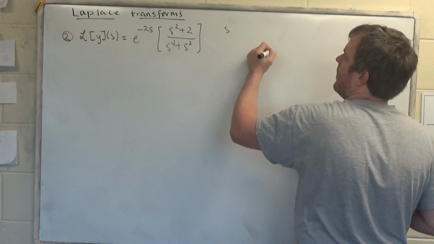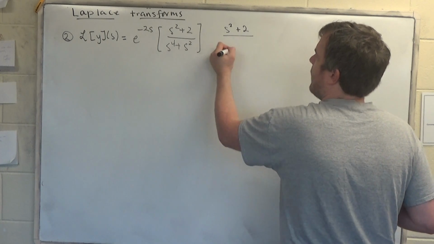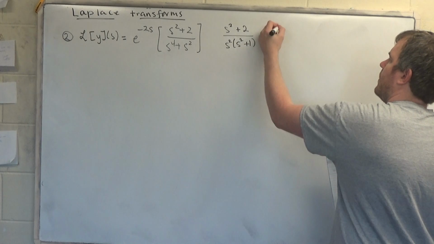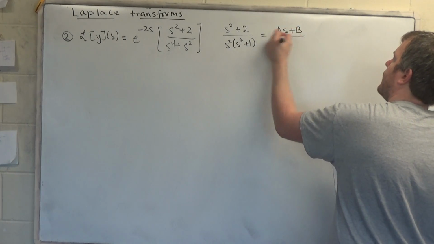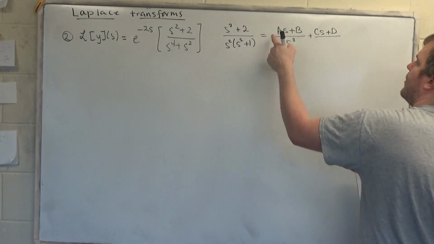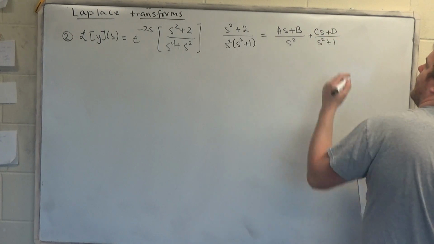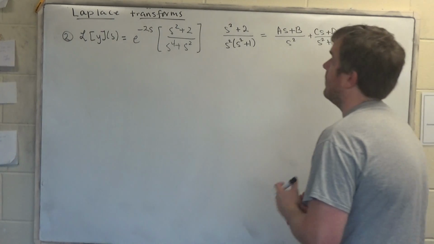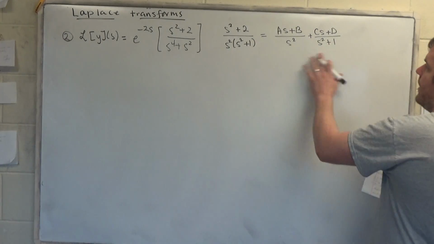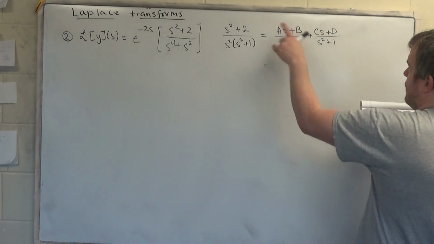So let's see. (s² + 2) over, notice that this factors as s² times (s² + 1). So when I do my partial fractions decomposition, I get a generic linear over s² plus another generic linear over s² + 1. And now again, I just find a common denominator here, and multiply these things out.